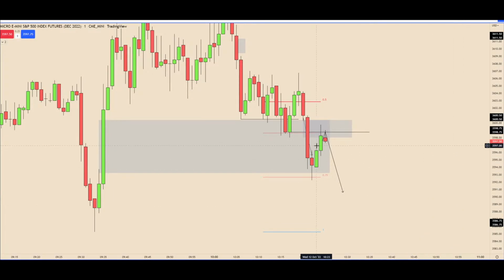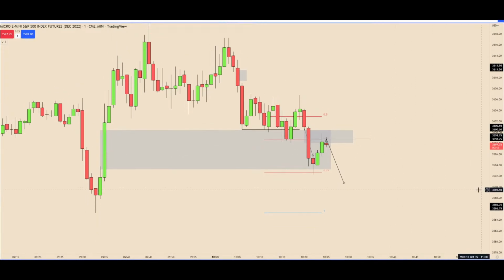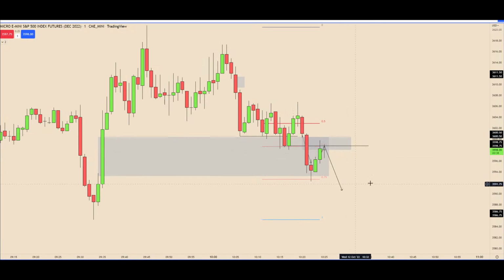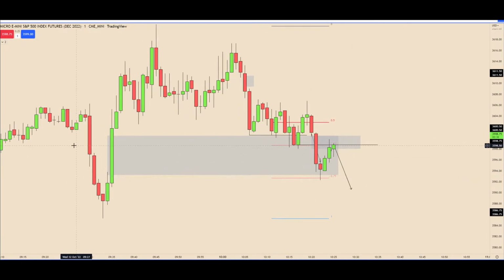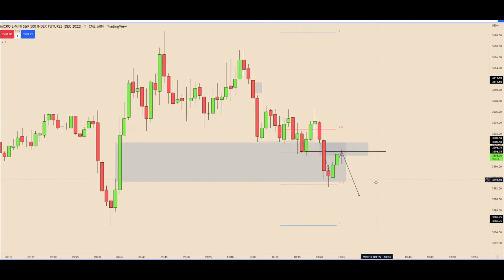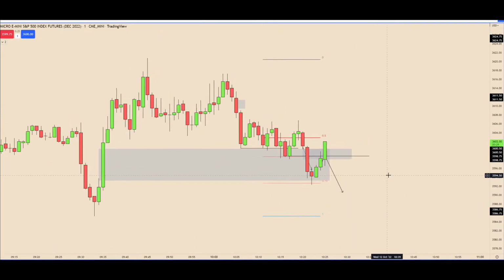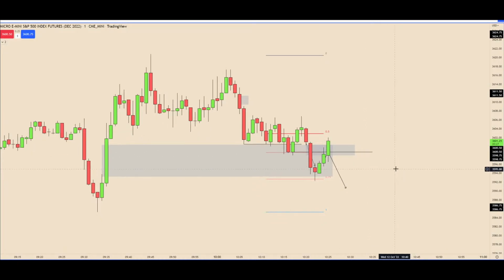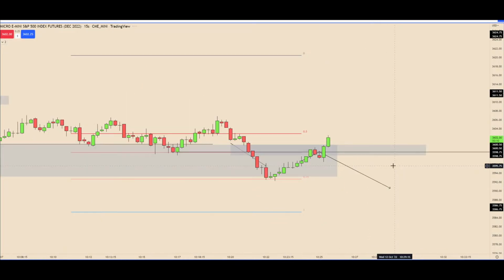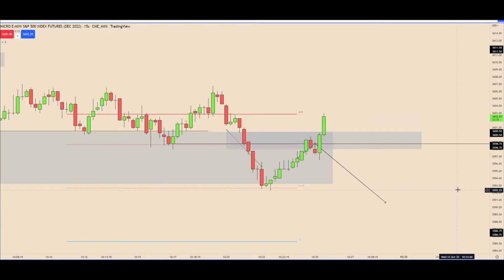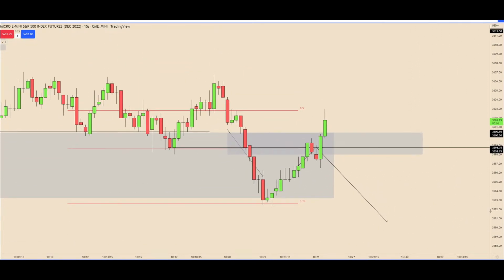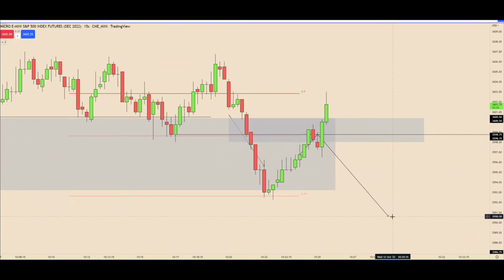So yes and no, right? On something like this, I prefer to see a structure broken on a BPR. You do have this BPR, but with FOMC and everything, I'm not super convinced, but it can definitely go higher. Looks like it is probably likely to go higher now, right? And why is that? Displacement is just as important as the lack of displacement.